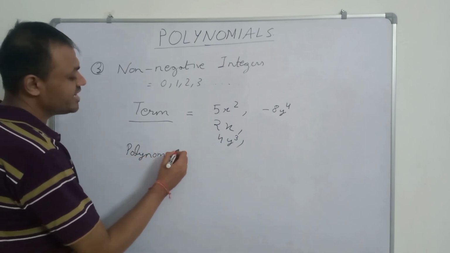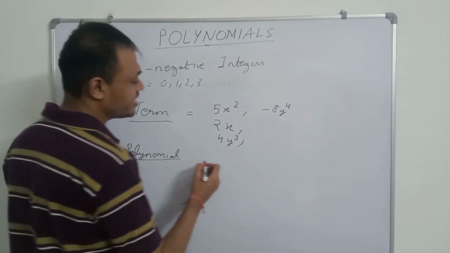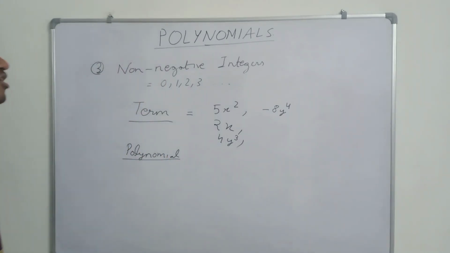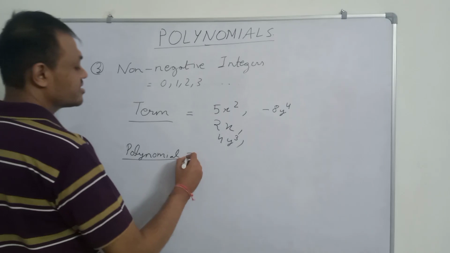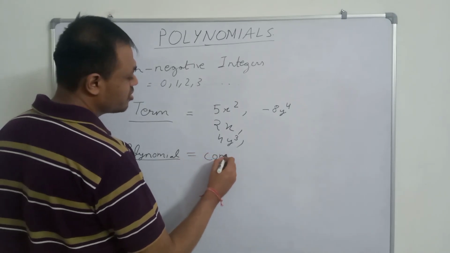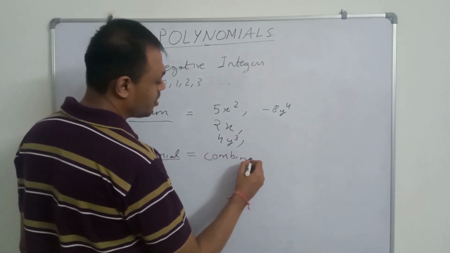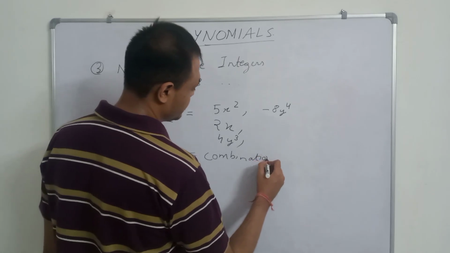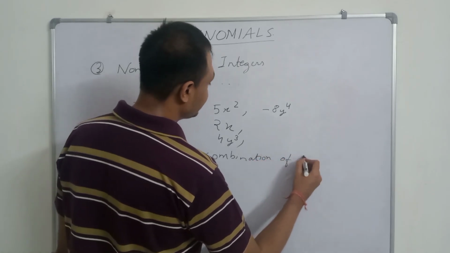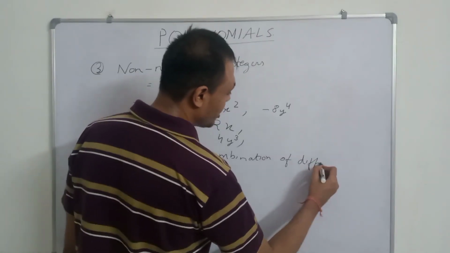So a polynomial is made up of various terms. Polynomial is a combination of different terms. We can add or subtract terms to make a polynomial.